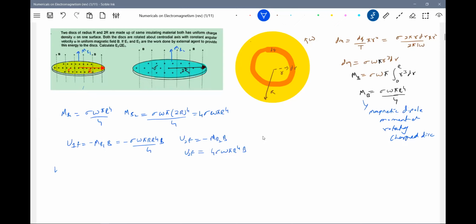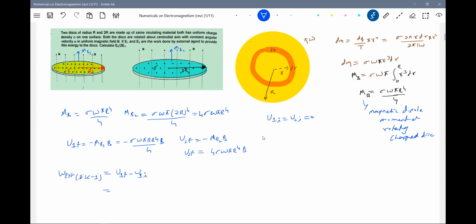What is the work done in rotating the first disk? Work done by the external agent in rotating the disk 1 should be equal to U1F minus U1I. When the disk is at rest, what is U1I? U1I will be 0.